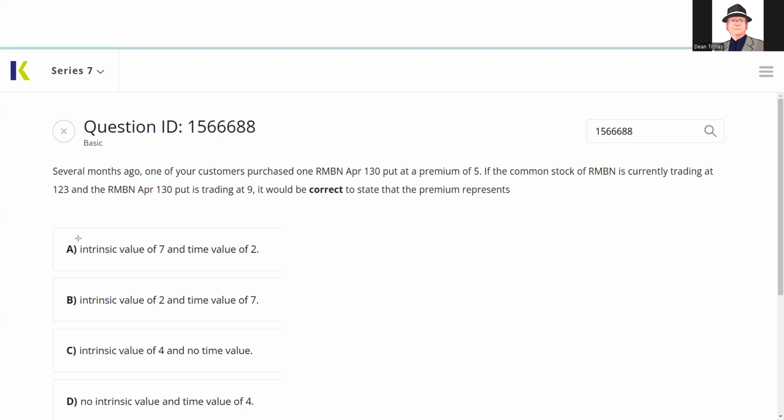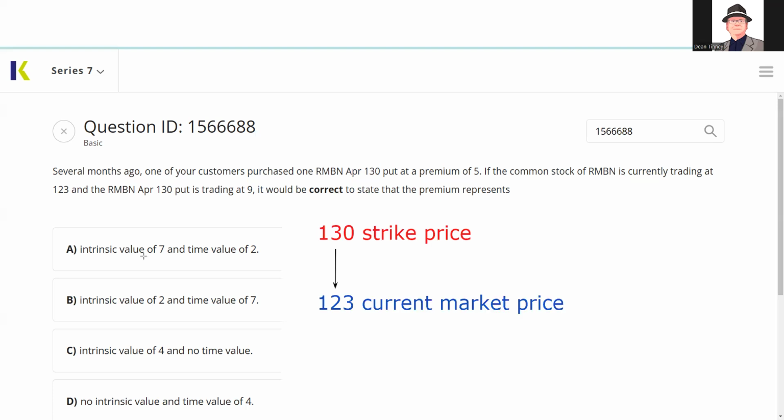All right. So now that we've figured out that this isn't about the customer, but rather the relationship of the market price to the strike, we have a good mnemonic device for this called put down. One good way to determine intrinsic value is call up, put down.